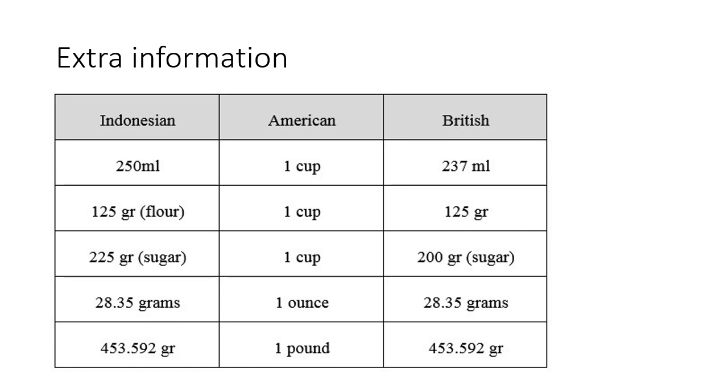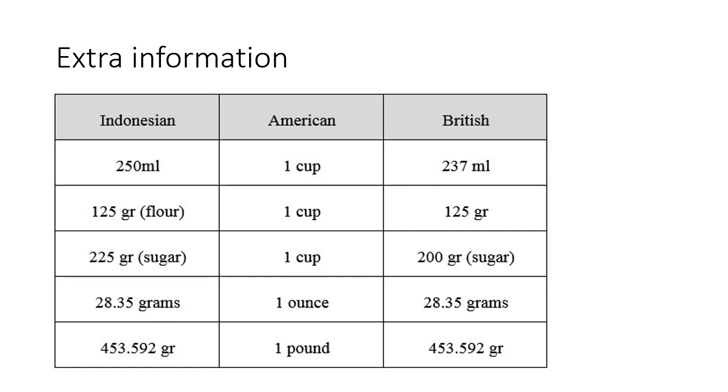Right? For example, 1 cup in America, it can be 100 atau 125 gram for flour. Oke, untuk semacam tepung. Nah, di British juga sama, 125 gram. Amerika itu beda sendiri, 1 cup dia bilang. Oke. It's also different with sugar, for example. 225 gram di Indonesia itu 1 cup in America.